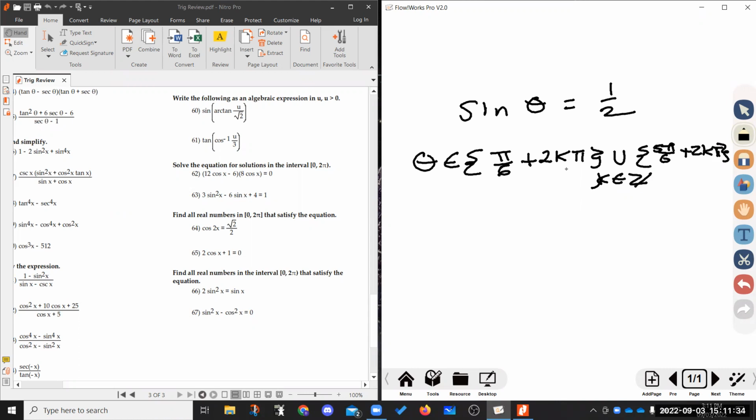I'm going around the circle because the period of sine is 2 pi.